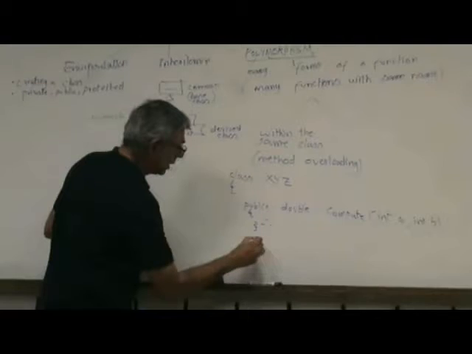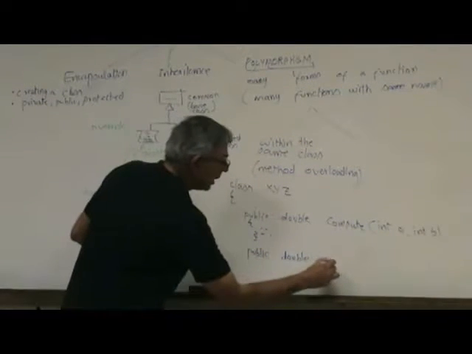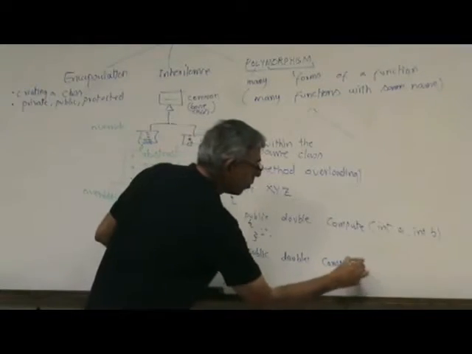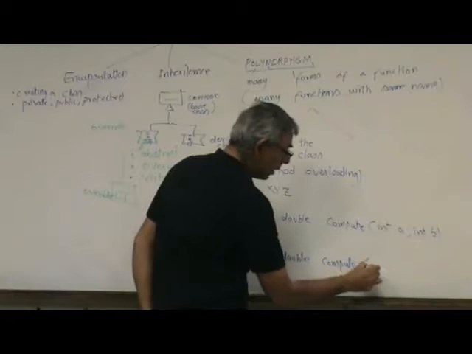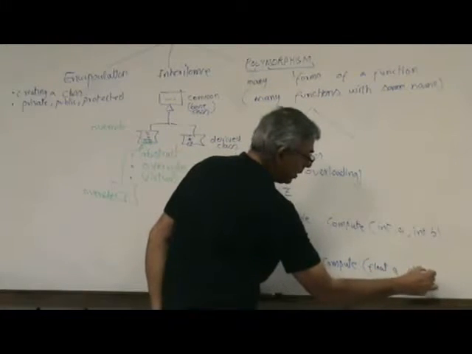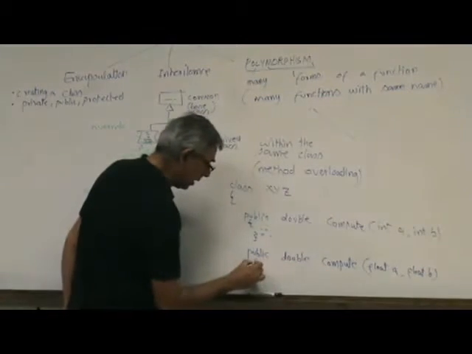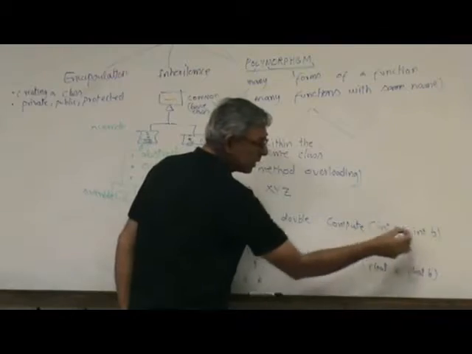And the answer is yes, we can do that, as long as either the number or the type of parameters is different. So for example, what if I did this, float A, float B? Will this be allowed? Yes, because the type of the parameters is different.